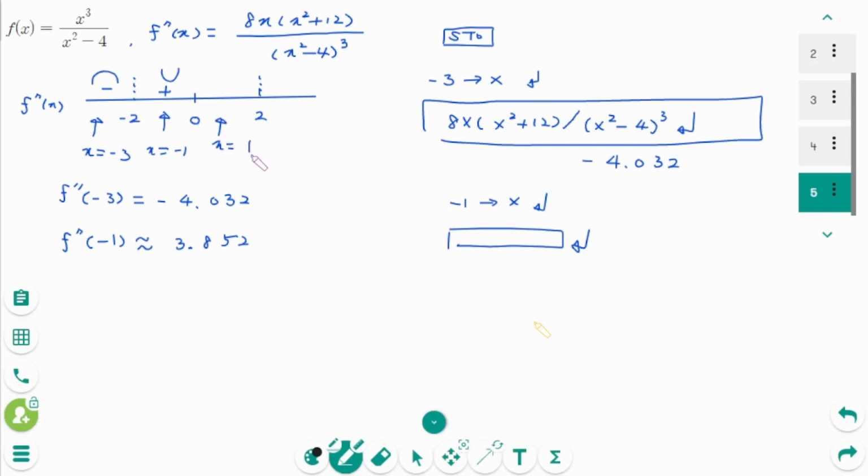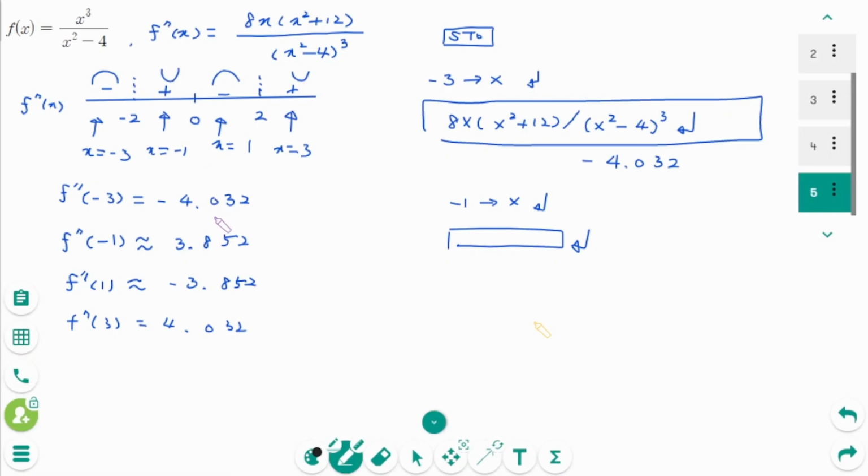When the testing number is 1, f second prime of 1 is rounded to minus 3.852, which is negative. When the testing number is 3, f second prime of 3 is 4.032, which is positive.